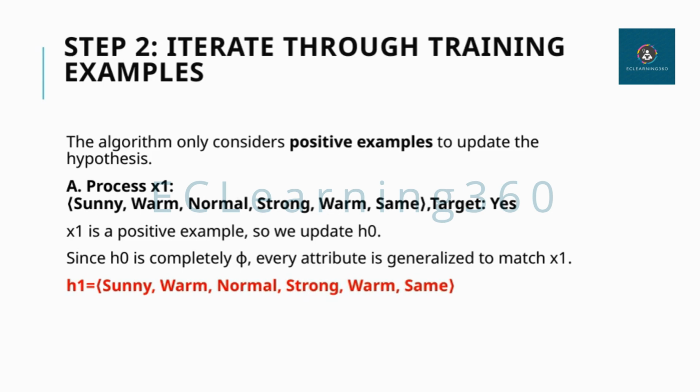Because h0 is completely φ, meaning it's as specific as possible, we now generalize each attribute to match x1. This results in our new hypothesis, h1, which is exactly ⟨sunny, warm, normal, strong, warm, same⟩. This process of updating based on positive examples helps us refine our hypothesis to better fit the data.